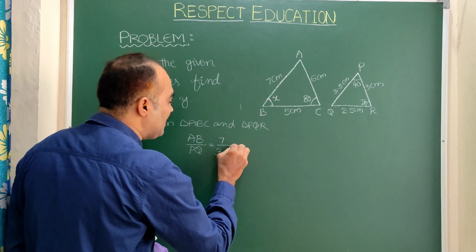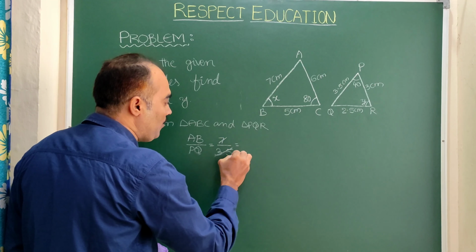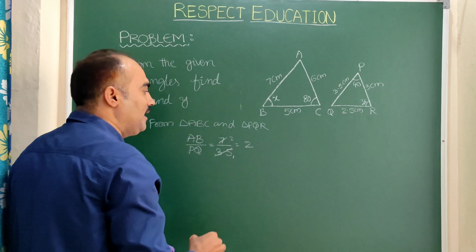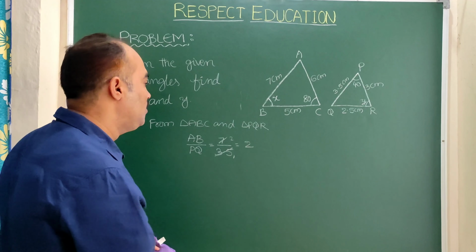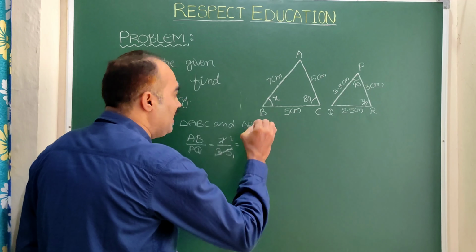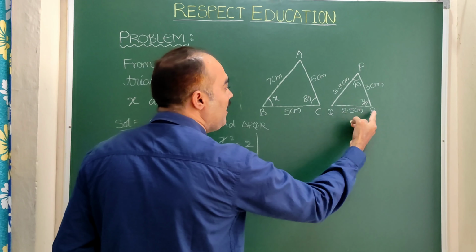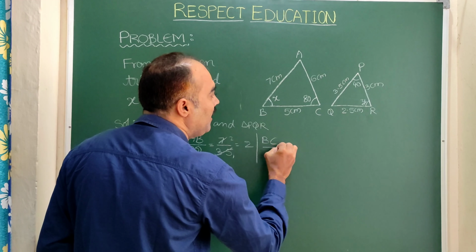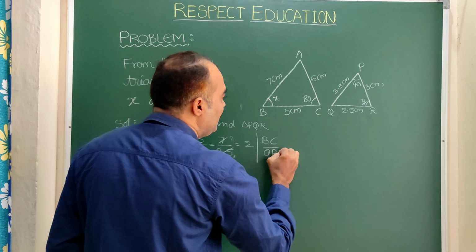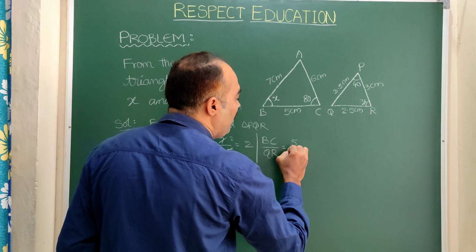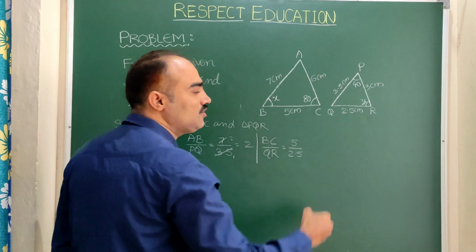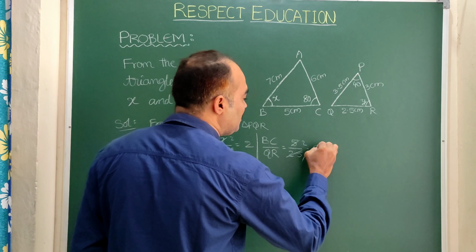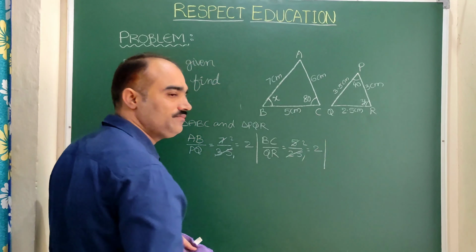On cancellation, 3.5 once is 3.5, 3.5 twice is 7, so AB by PQ is 2. In the same way, BC by QR is equal to 5 by 2.5. QR is 2.5, 2.5 once, 2.5 twice, so this is also 2 by 1, which means 2.